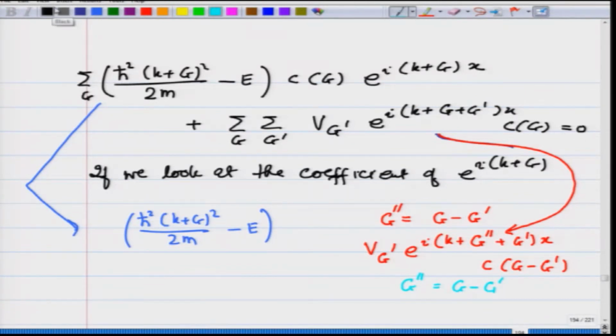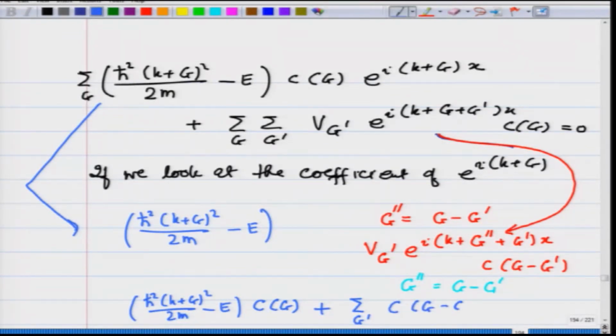So I get the equation [ħ²(k+g)²/2m − E] c_g plus the summation over g' of c_{g−g'} V_g', and all these give me the coefficient of c_{g−g'} and e^{i(k+g)x}.